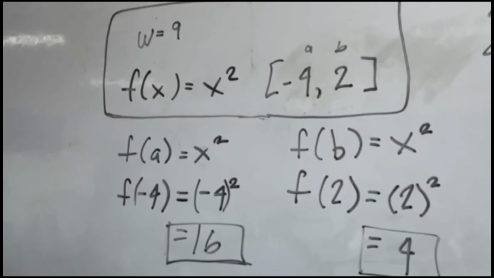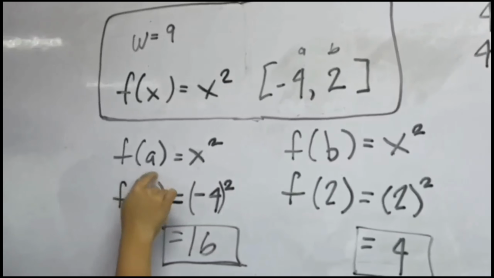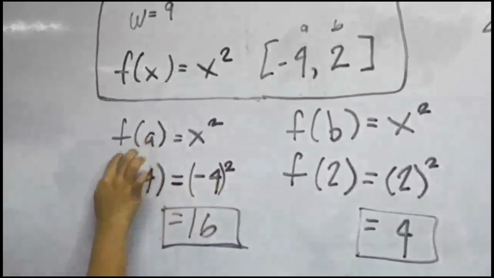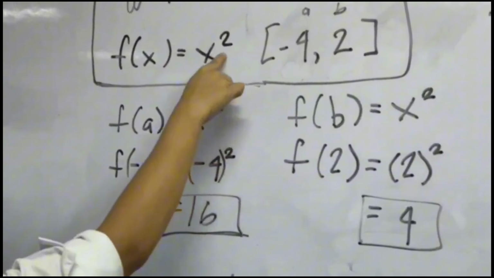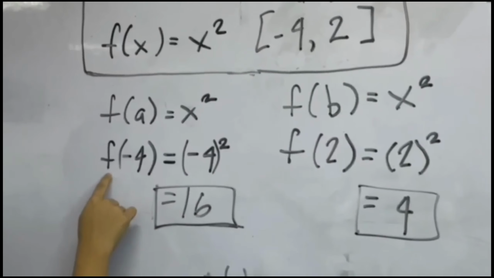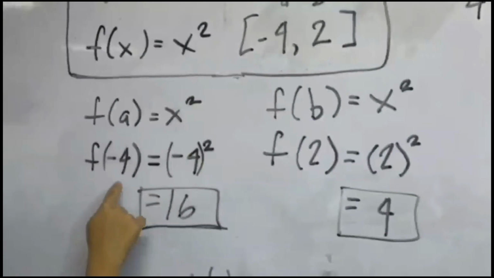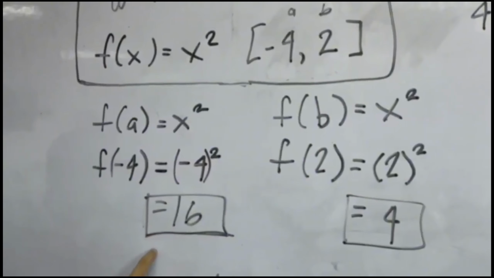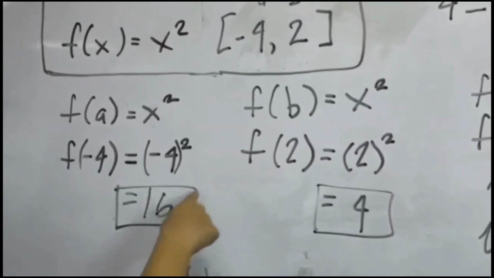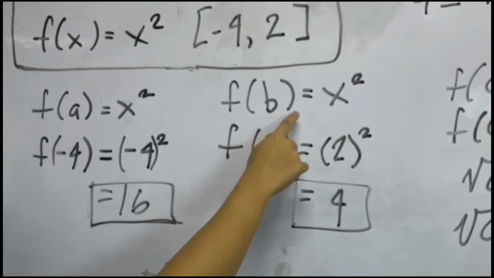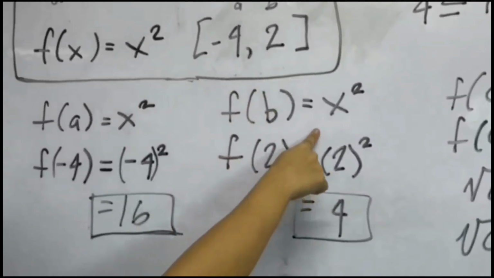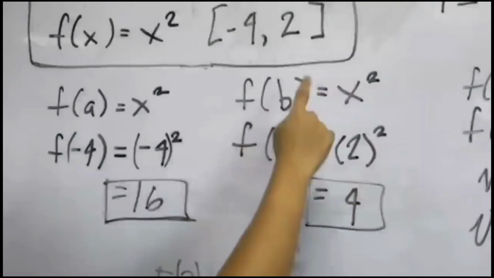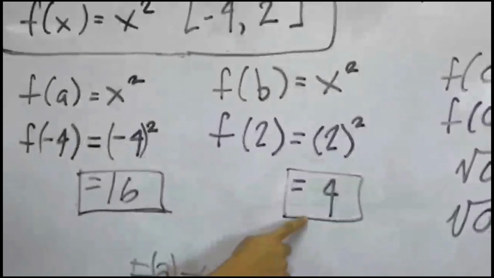First, we will substitute our f(a) and f(b) using the intervals. f(a) equals x squared, so f(-4) equals (-4) squared, which is positive 16. Then f(b) equals x squared, so f(2) equals 2 squared, which is positive 4.